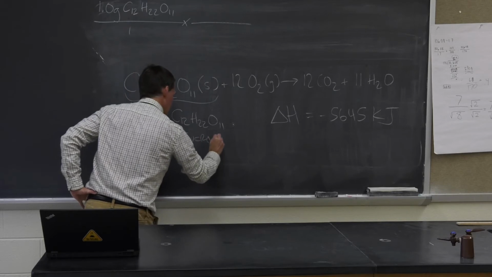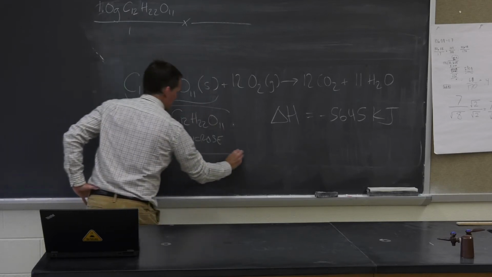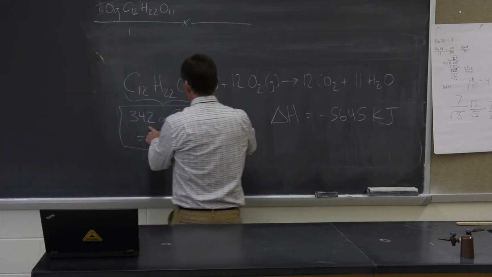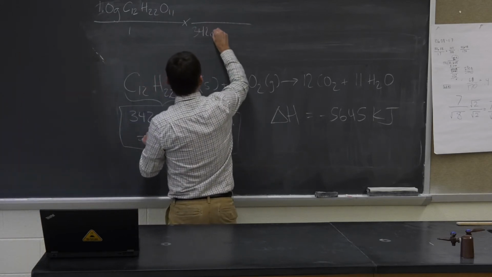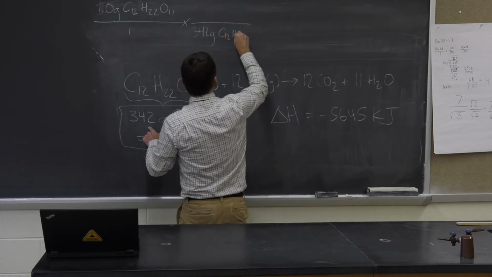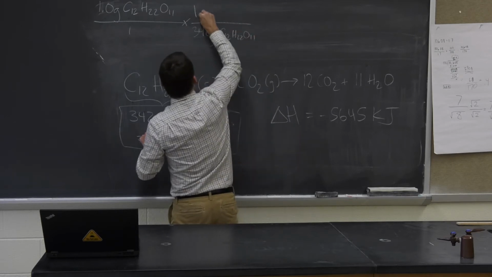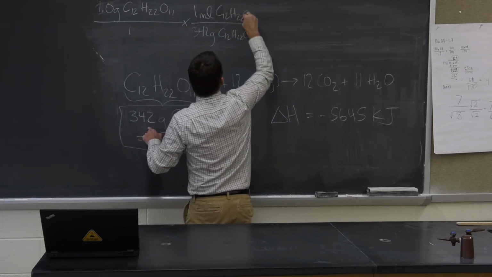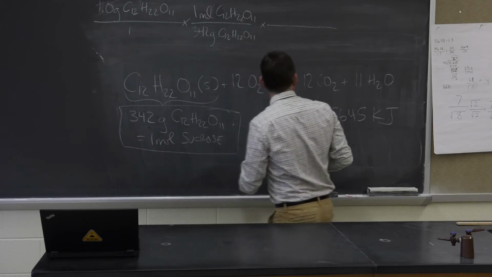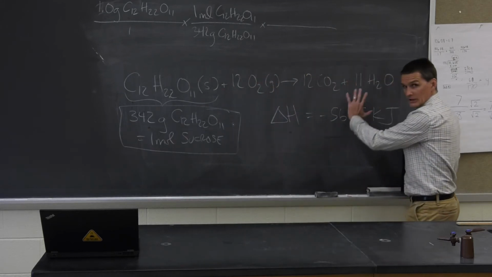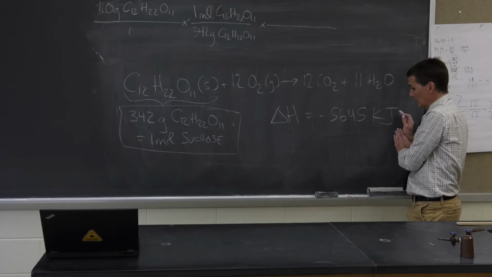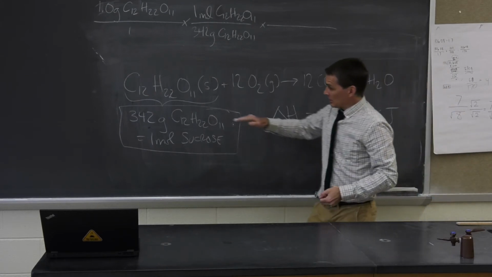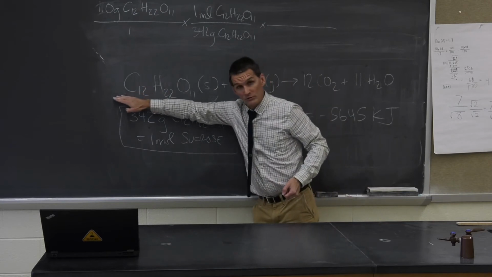At this point, this should be easy for you. All right, so let's convert this. 342 grams of sucrose is 1 mole of sucrose. Now, according to this particular chemical equation and associated enthalpy, I see that 5645 kilojoules comes from the combustion of just 1 mole of sucrose.